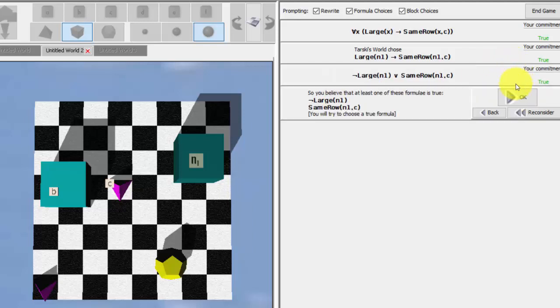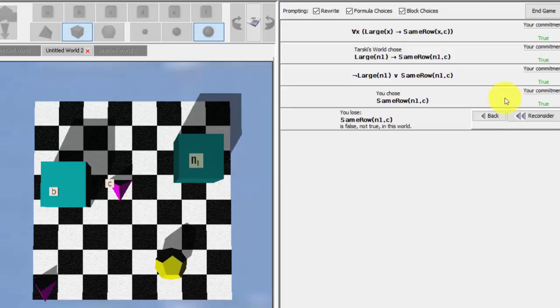If I say okay, it's going to say, okay, so I must think one of those disjuncts is true. It doesn't matter which one I pick, because I'll turn out to be wrong, and I've lost.